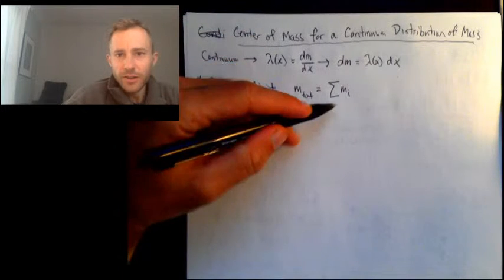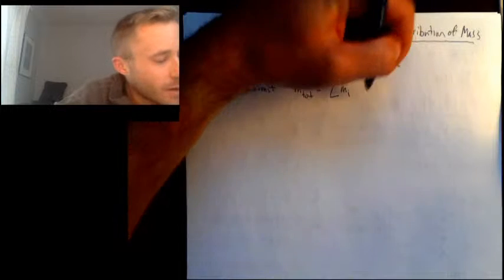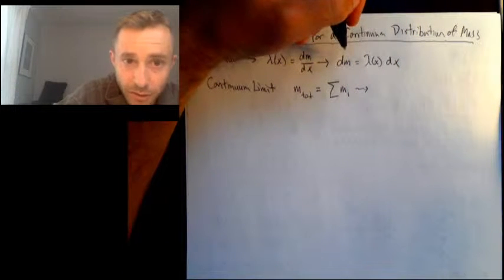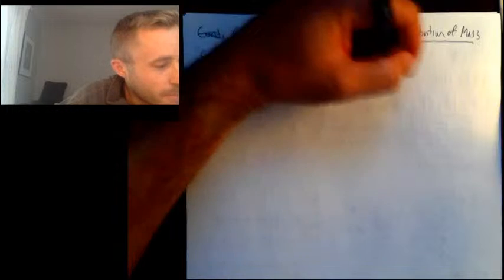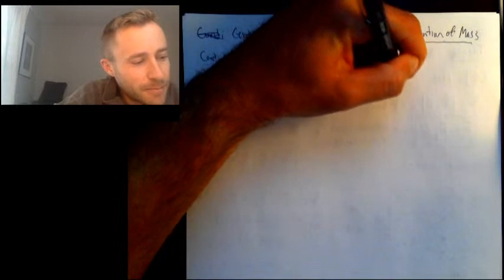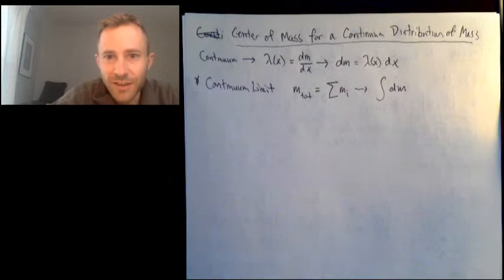So if we take the continuum limit, a sum becomes an integral, okay? And then m becomes dm. So it becomes the integral of dm.